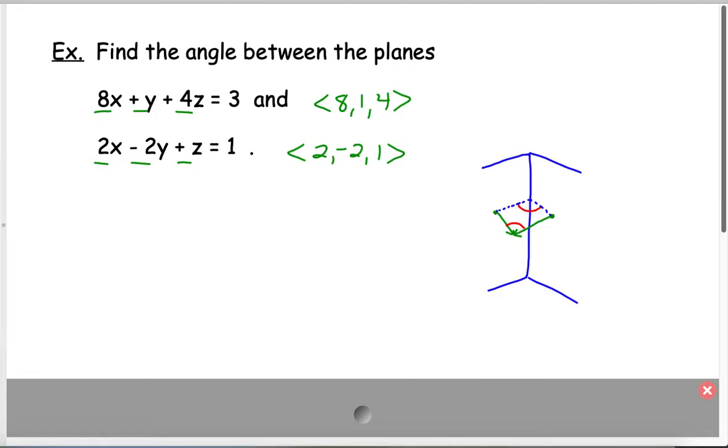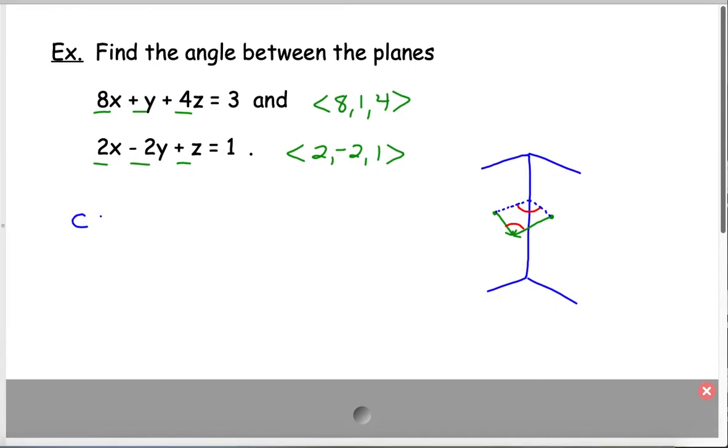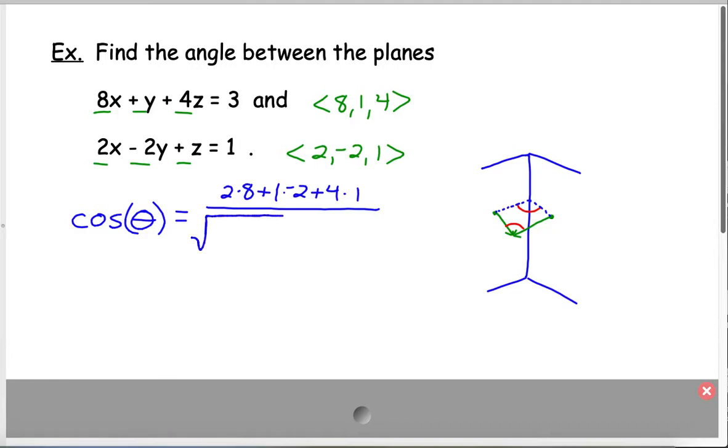And we know how to find the angle between two vectors. We actually had a nice equation for that, and that was the cosine of theta, theta being the angle between the two vectors, is equal to the dot product, so 2 times 8 plus 1 times negative 2 plus 4 times 1, divided by the product of the magnitudes of the vectors, so the square root of 8 squared plus 1 squared plus 4 squared, times the square root of 2 squared plus negative 2 squared plus 1 squared.